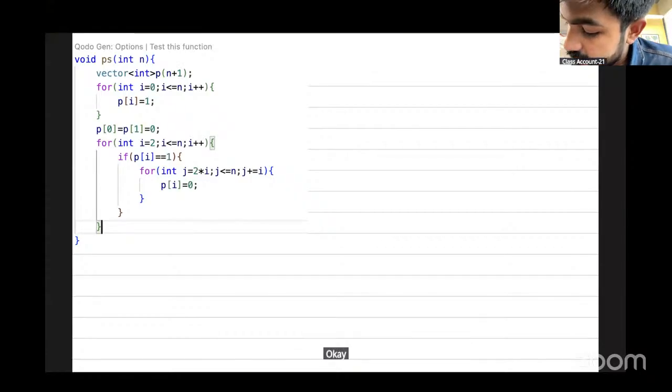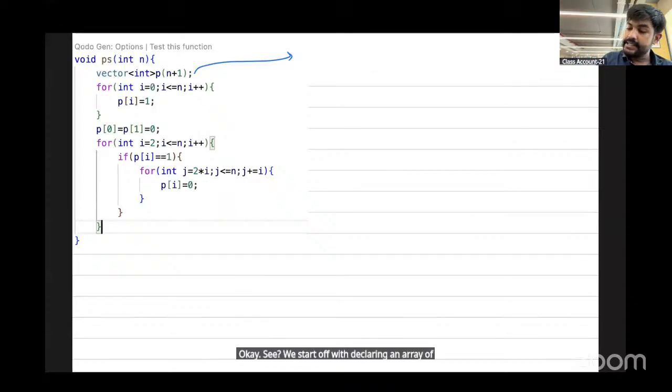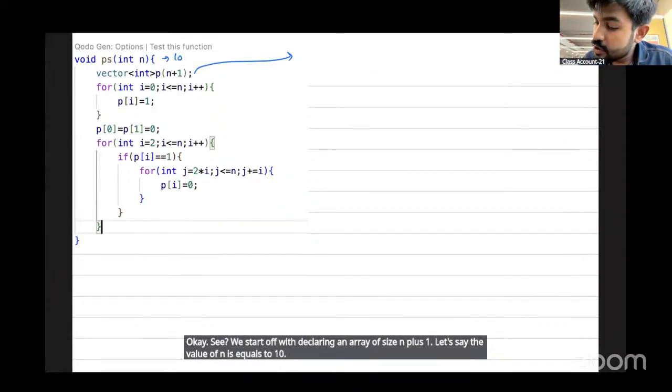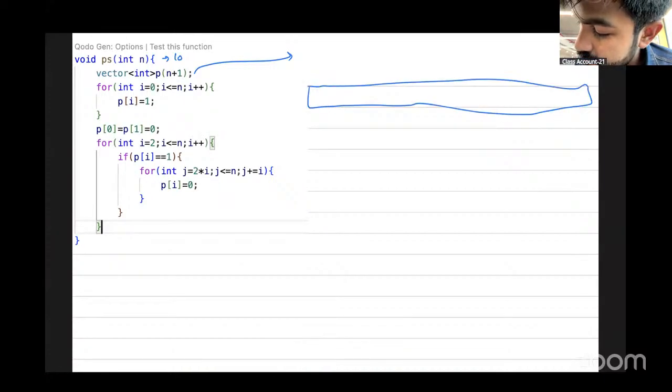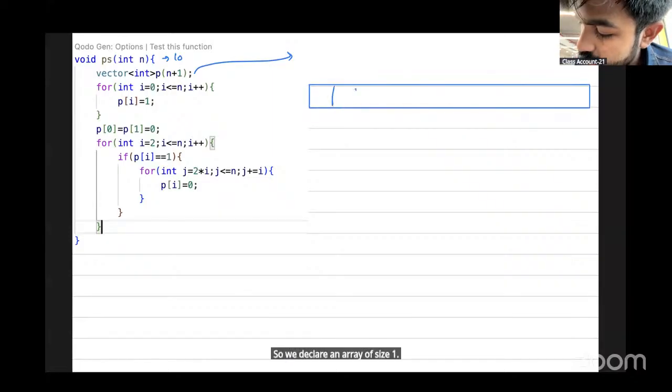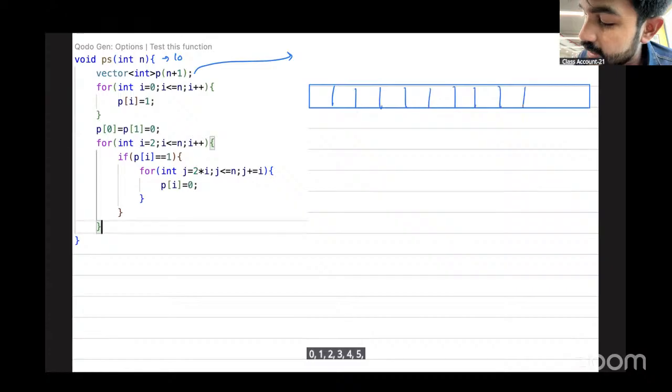We start off with declaring an array of size n plus 1. Let's say the value of n is equal to 10. The indexes are 0, 1, 2, 3, 4, 5, 6, 7, 8, 9, 10.